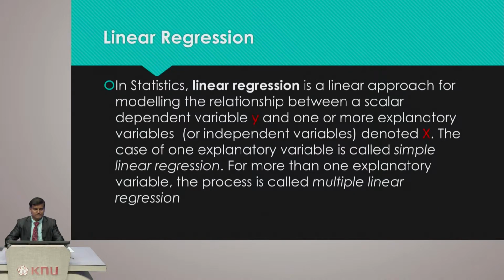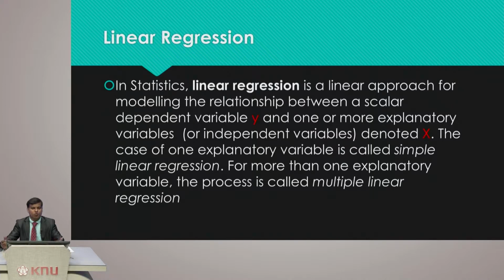This is the definition of linear regression with regard to statistics. A linear regression is a linear approach for modeling the relationship between a scalar dependent variable y and one or more explanatory variables, or independent variables, x. When you have only one explanatory or independent variable, we call it simple linear regression.